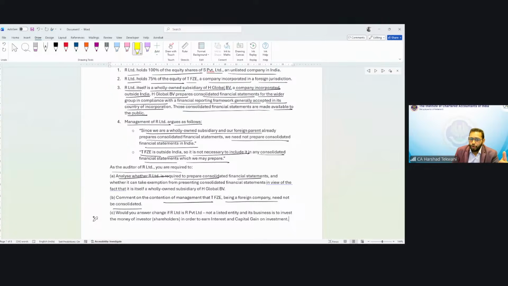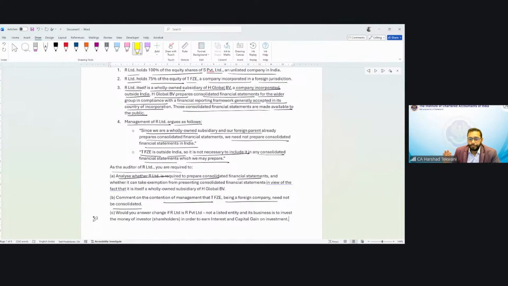It obtains funds from one or more investors for the purpose of investment, commits to the business of investing funds only for returns from capital appreciation and investment income, and measures and evaluates the performance of substantially all of its investments on a fair value basis. Okay. So if these conditions are satisfied, then it will be classified as an investment entity. That is the one condition. And if I say it's an investment entity, then they are exempt.